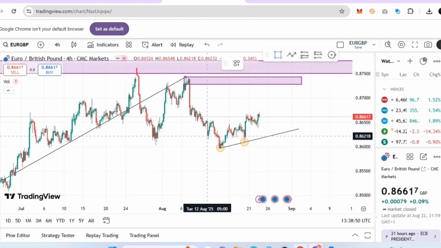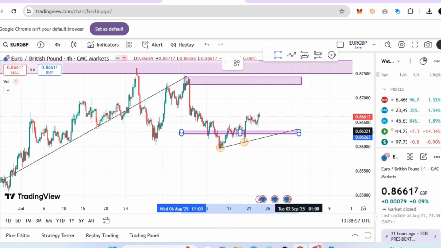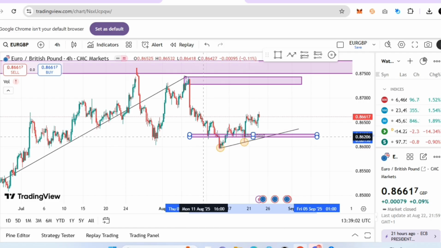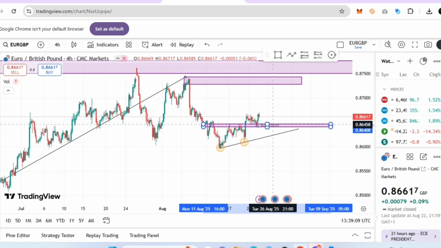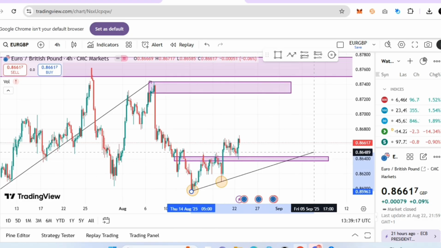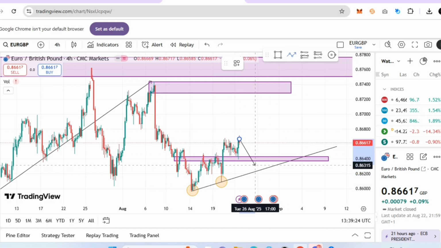It is much better if I have my third touch on the trend line, and I also have a retest on this support. No, let's move it up a bit. We have a support, we have a resistance, broken, retest. So if it breaks this zone, comes down, I might have my confirmation.